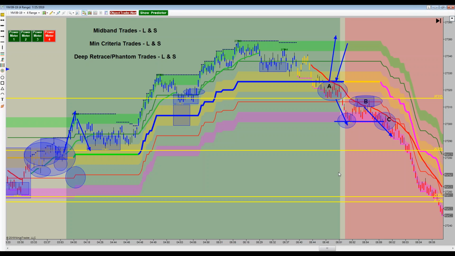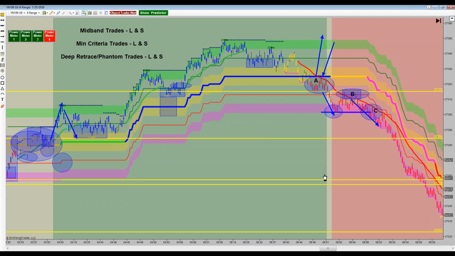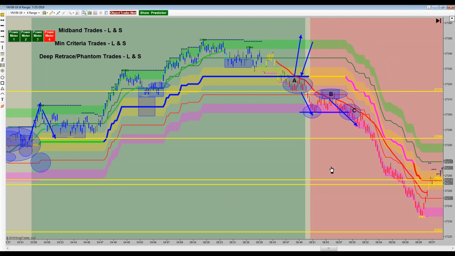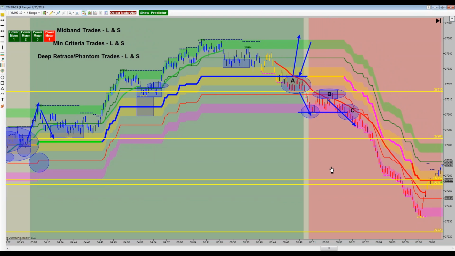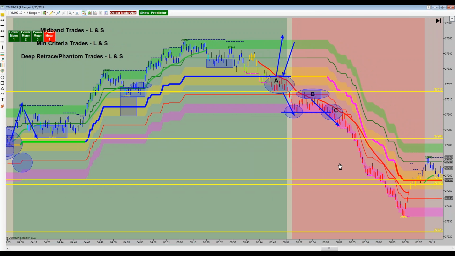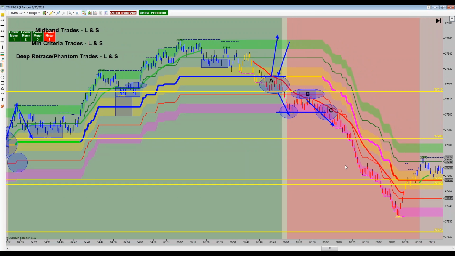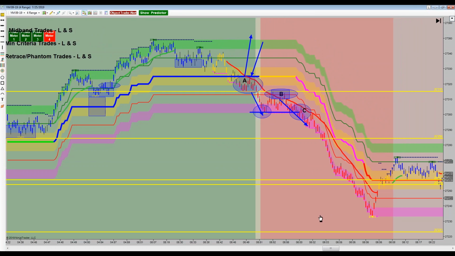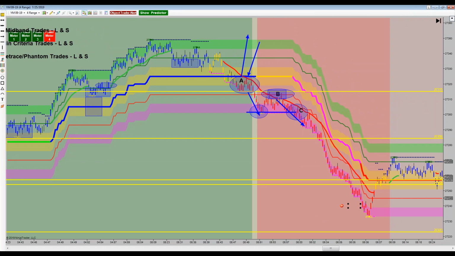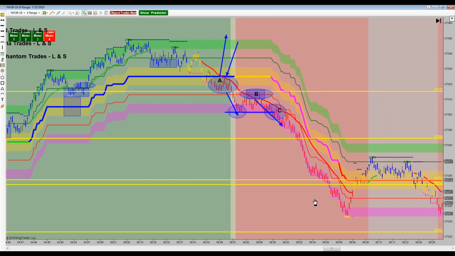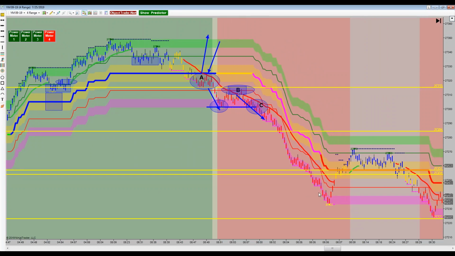Okay? Here we go. 6:05. 6:06, 6:07. Remember, you're looking for shorts. 6:08, 6:10, 6:12, 6:20, 6:24, 6:27, 6:28, 6:30.